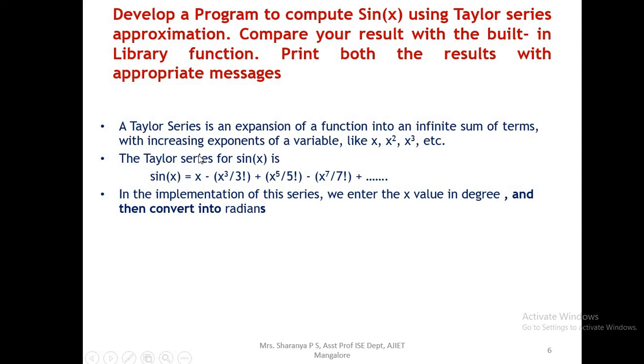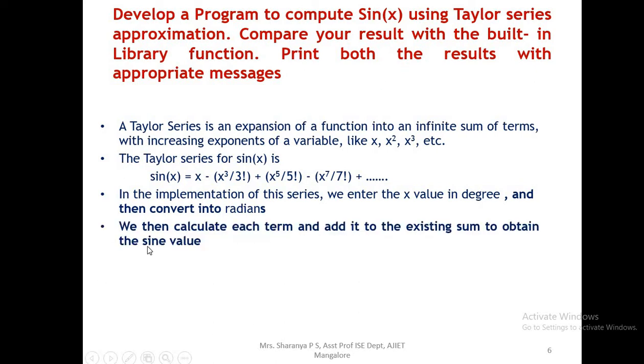Here with x cube, x5 and x7, it is referring to the value raised to 3, 5 and 7 respectively. Now in the implementation of this series, we enter the x value in degrees, and degrees need to be converted into radians. Then we calculate each term and add it to the existing sum to obtain the sine value.